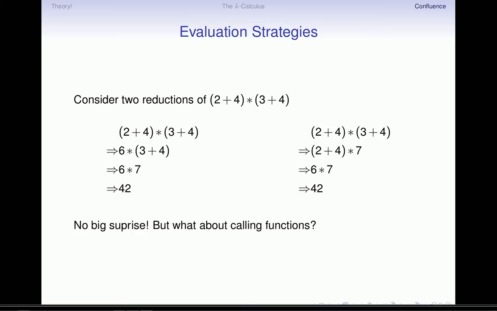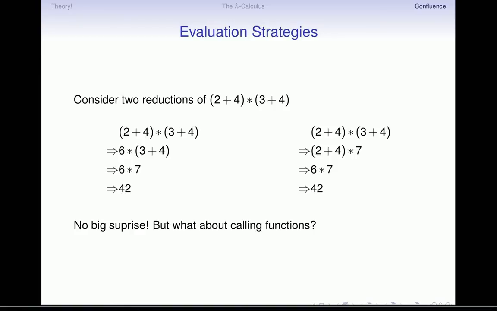If we consider two possible reductions of (2 plus 4) times (3 plus 4), then we can first evaluate 2 plus 4 and multiply this by the result of 3 plus 4, which is 7, and we get 42. On the other hand, we could first evaluate 3 plus 4, which is 7, and then multiply it by the result of 2 plus 4, which is 6. Again, we get 42.